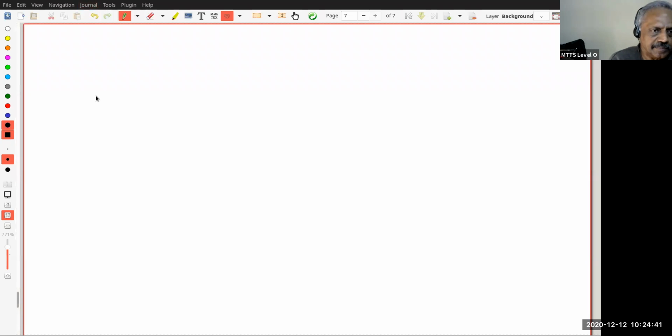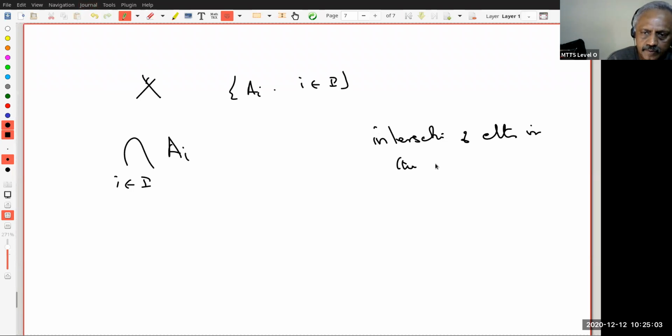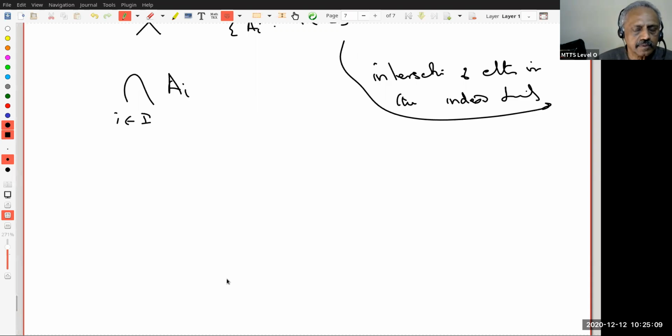Let us look at arbitrary intersections. The same notation: A_i, i in I, an indexed family. I want to define the intersection of A_i, i in I, which is the intersection of the elements in the indexed family. Now this should be easy.